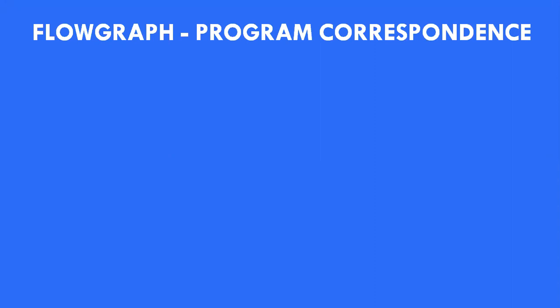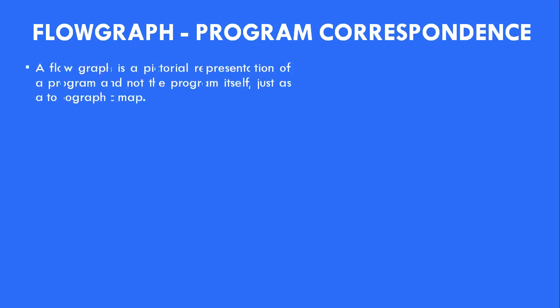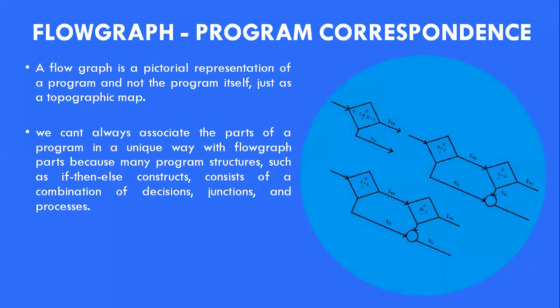We can always associate the parts of the program in a unique way with the flow graph, because many program structures, such as if-then-else constructs, consist of a combination of decisions, junctions, and processes. But the translation from flow graph elements to statements and vice versa is not always unique.